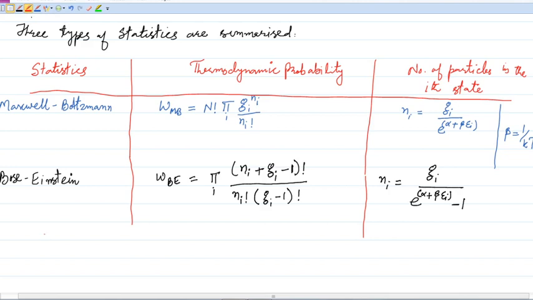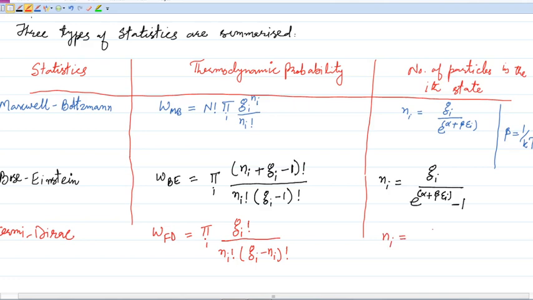And the last one we have is Fermi-Dirac statistics, which is given by this expression: product over i of Gi factorial upon Ni factorial (Gi minus Ni) factorial.